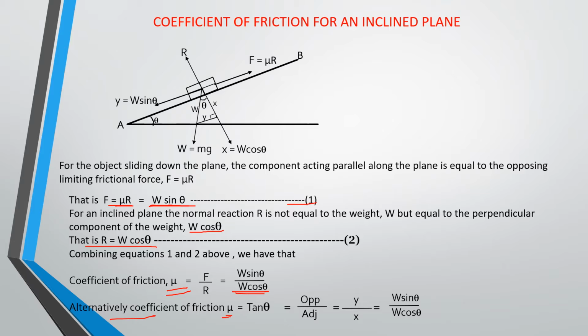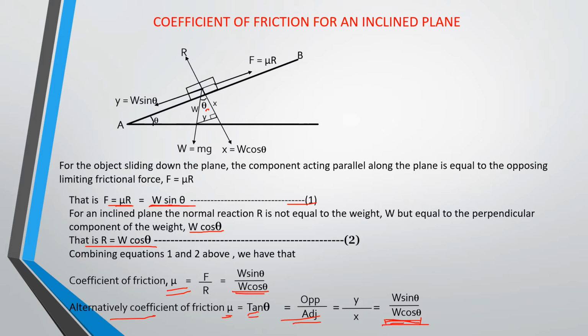Is that okay? And this tangent of the angle is the same thing as w sine theta all over w cos theta. If you consider this triangle here, you can get this equation from that triangle. Those are the two ways of finding the coefficient of friction for an inclined plane.